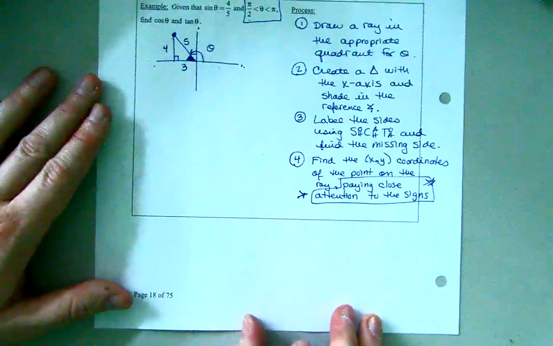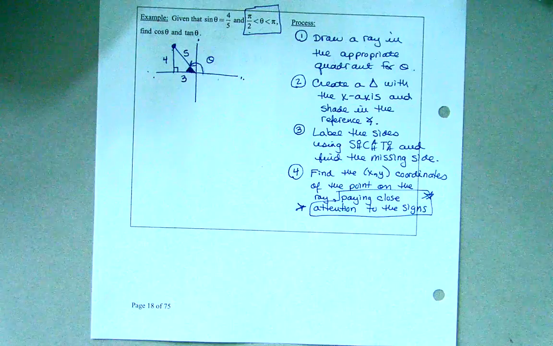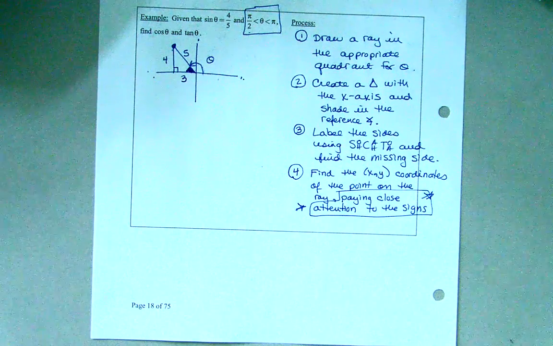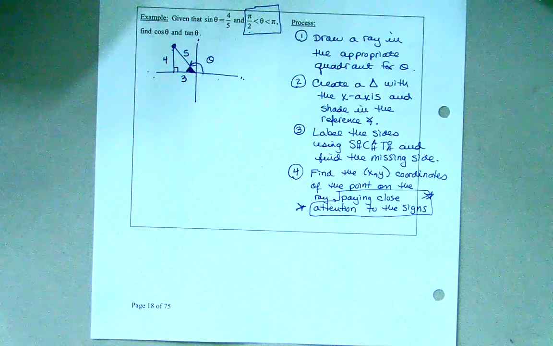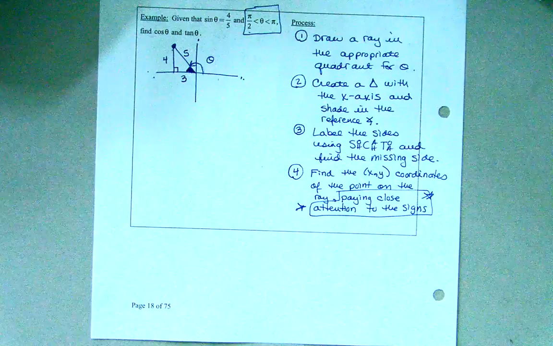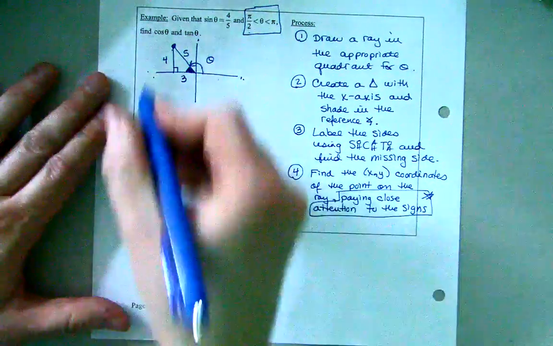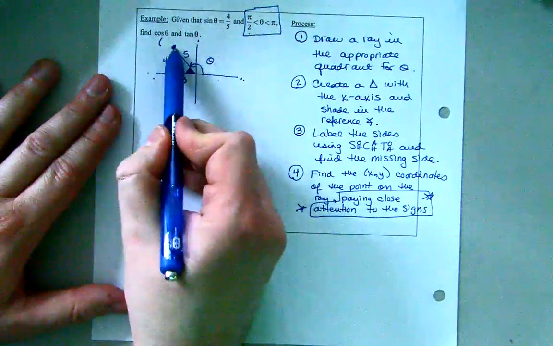We're going to find the x, y coordinates of the point on the ray, paying very close attention to the signs. That's why we're drawing it, so we can see, do I want something positive or something negative? That's the point. So, what's the x coordinate of this point going to be?